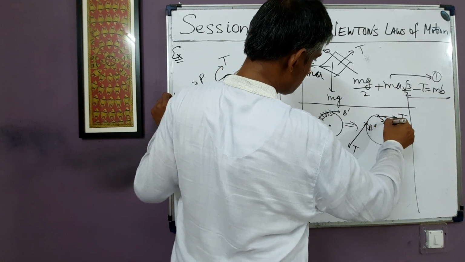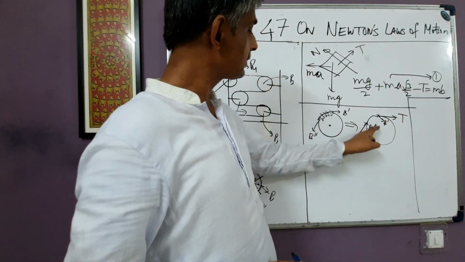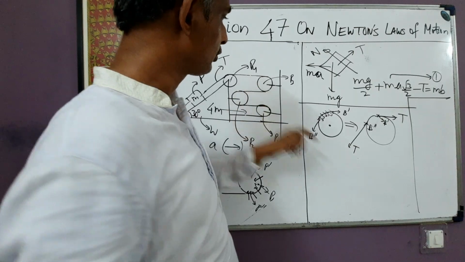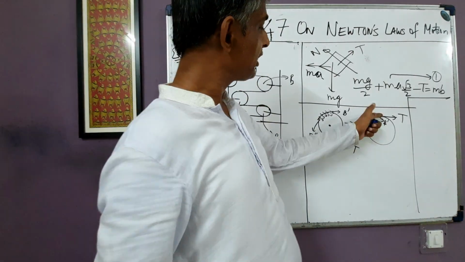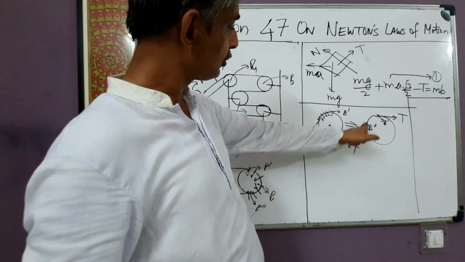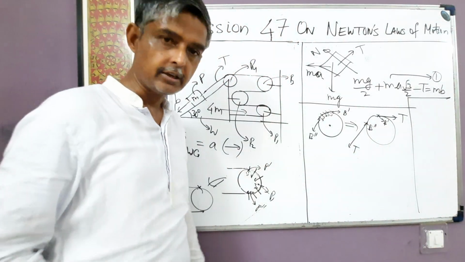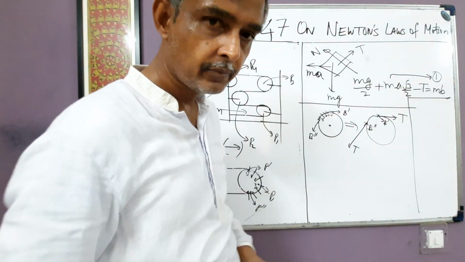So effectively the string exerts a force at only 2 points of pulley P4, at point B dash and point B double dash. At point B dash, the string exerts a force T rightward, and at point B double dash it exerts a force T down the incline. So these two are equivalent situations. Alright, fine.